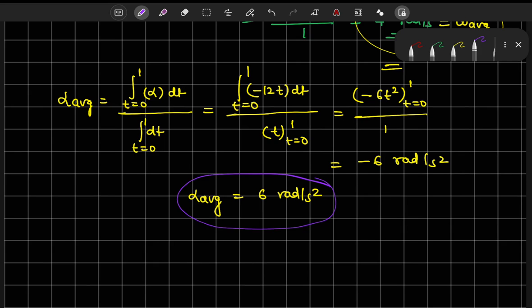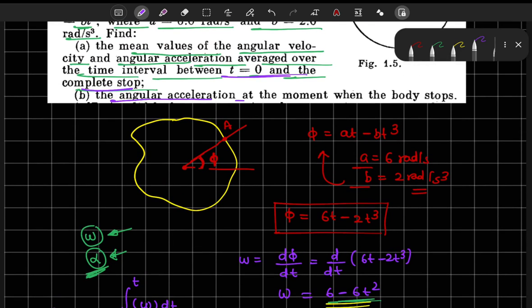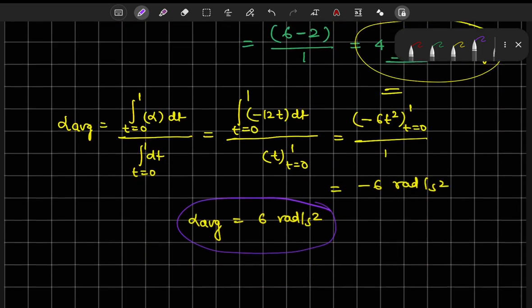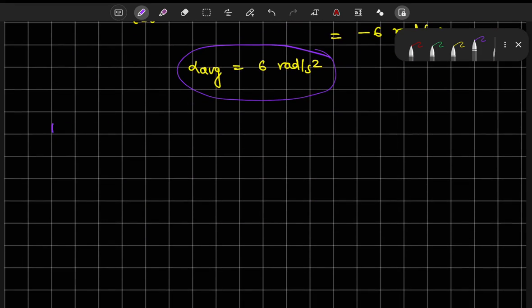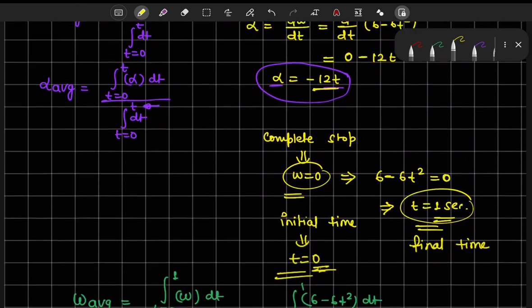Now coming to the second part of the problem, it is asking to find the angular acceleration at the moment when the body stops. The body is stopping at the time moment of t is equal to 1 second, and the expression of angular acceleration is given as minus 12t.